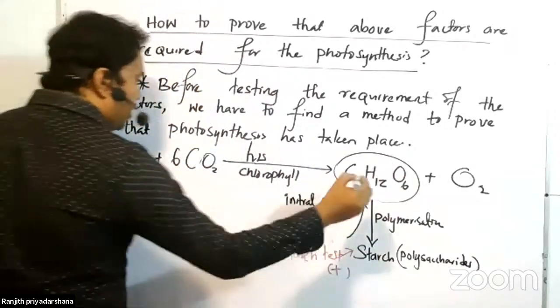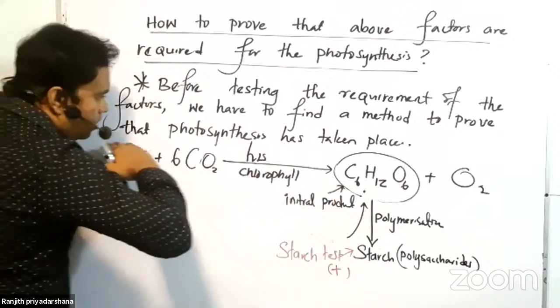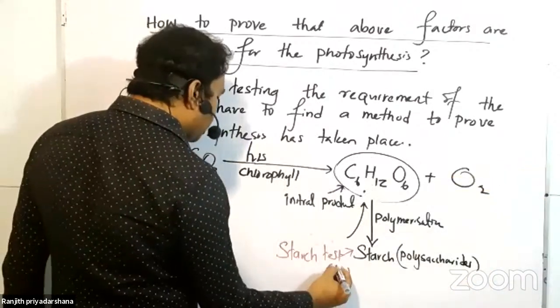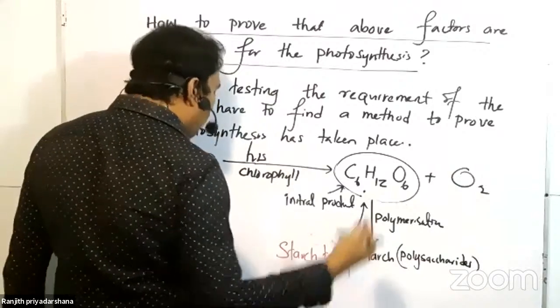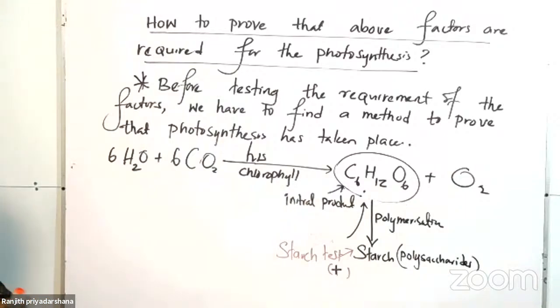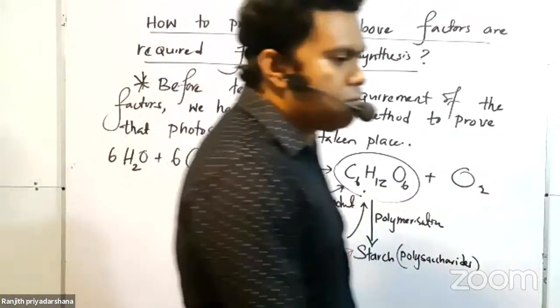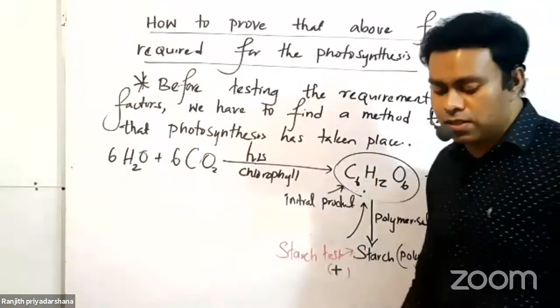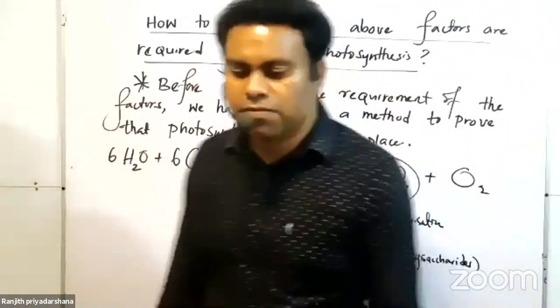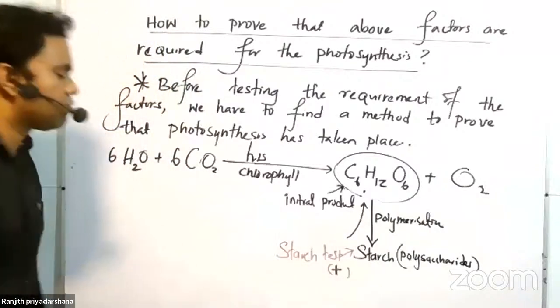That means photosynthesis has taken place. If starch is present, that means photosynthesis has already taken place. Therefore, we practice the starch test for plant leaves to confirm that photosynthesis has taken place. Take down under that.